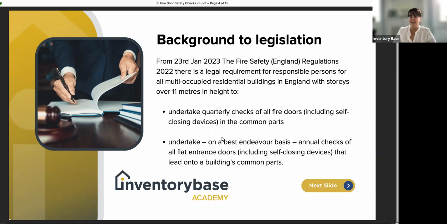So what that means is you try your best to do that. So each year, an annual check of all the fire doors going from the property in the building into the common areas, into the hallways, etc., all need to be checked. And all of that leads into the common parts. So there's quite a lot of work here to be done.